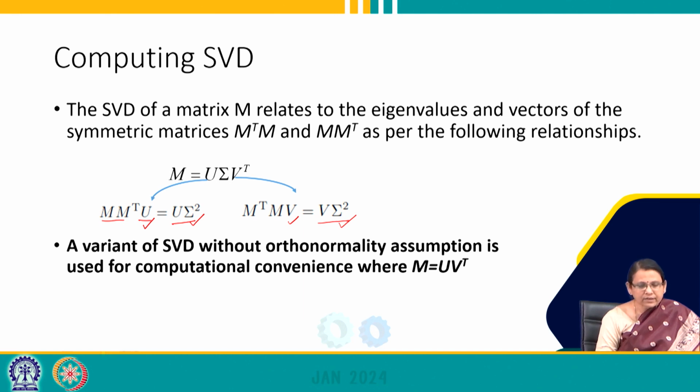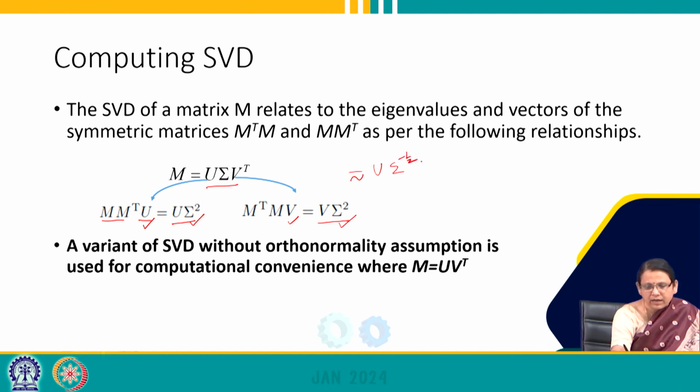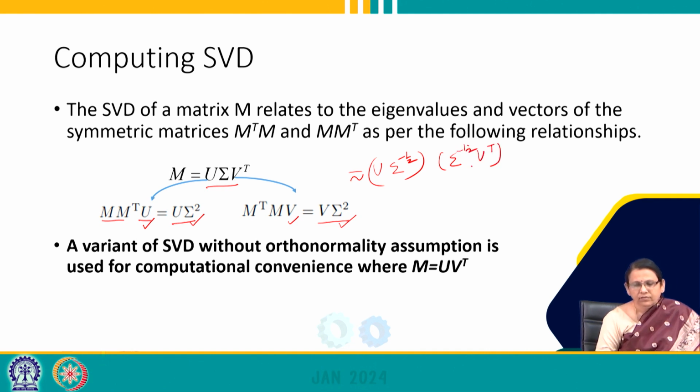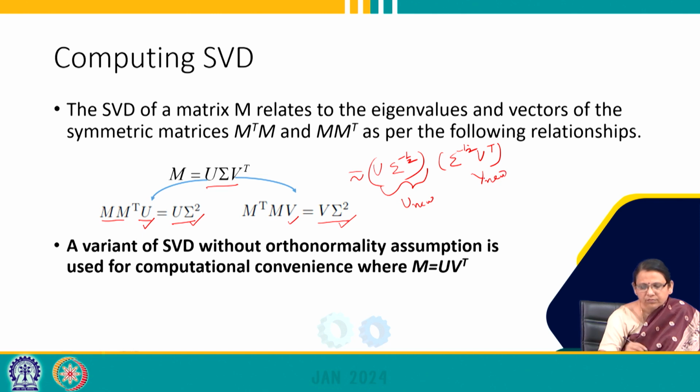Besides, if we drop this orthonormality assumption, then this U sigma V, we can think of as U sigma to the power half, then sigma to the power half and V transpose, and we can call these our new U and new V matrices, which decompose the original matrix M, but without the orthonormality assumption.